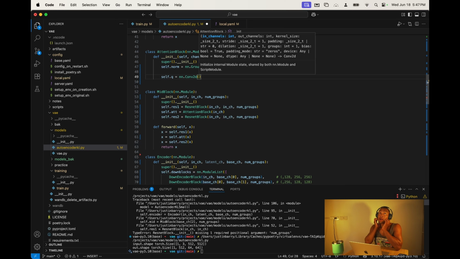Okay, so the last time I implemented attention for a vision model, it was for a standard vision transformer, for the classification task, which uses patch embedding.